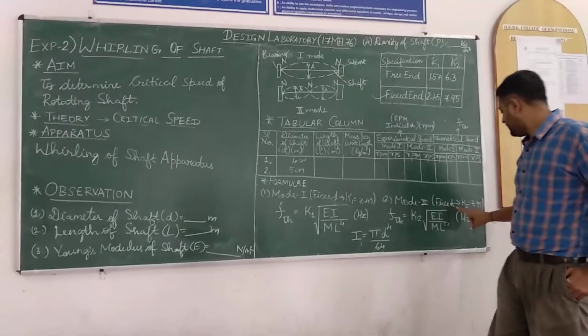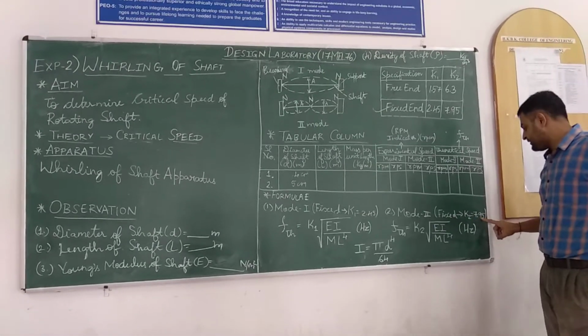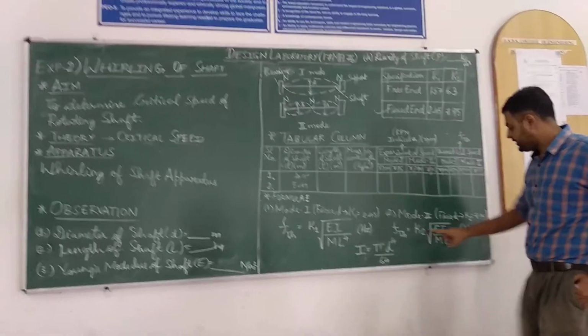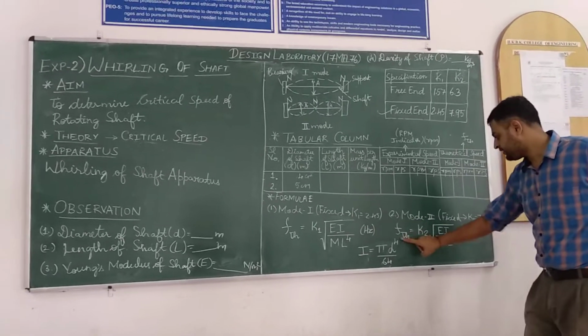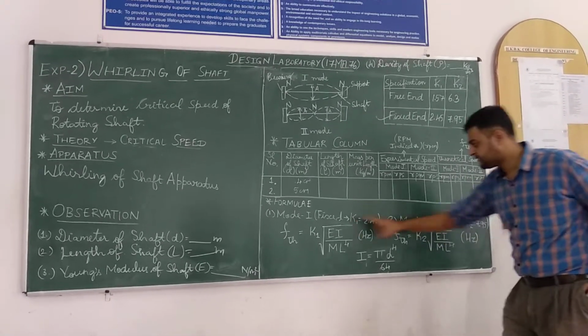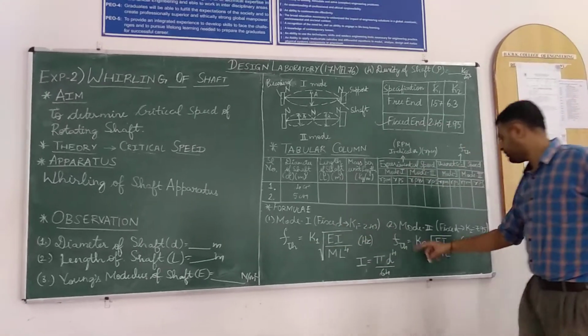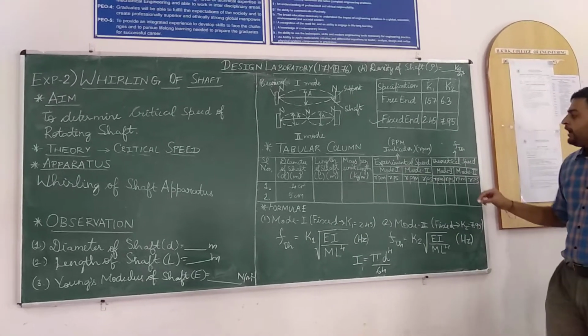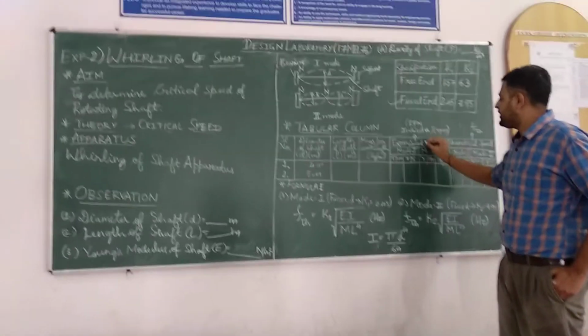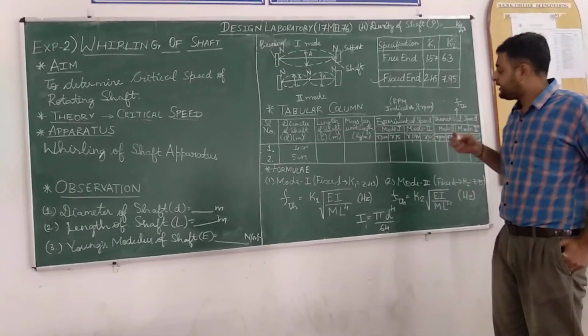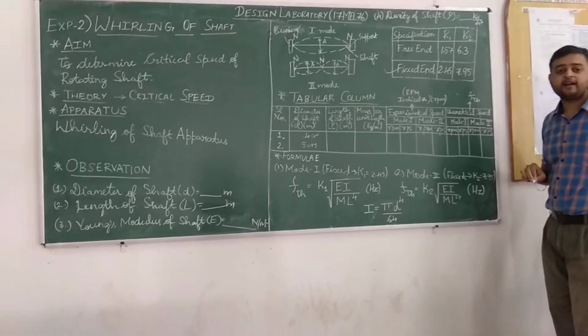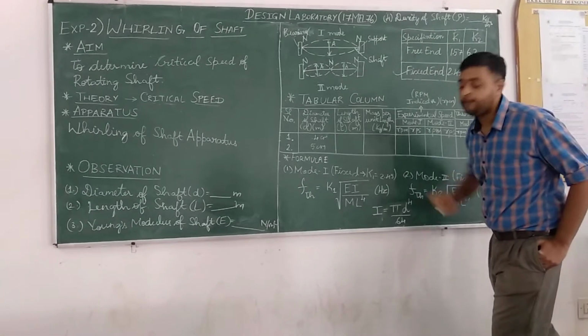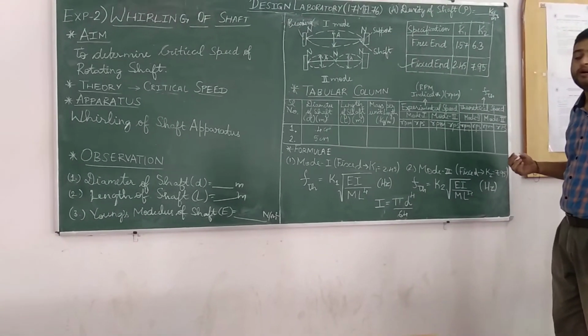Similarly for mode 2, the fixed K2 value is 7.95. The formula remains the same, but the K constant changes: for mode 1 it is K1, for mode 2 it is K2. What we are going to verify is whether the experimental critical speed is equal to the theoretical critical speed given by this formula.